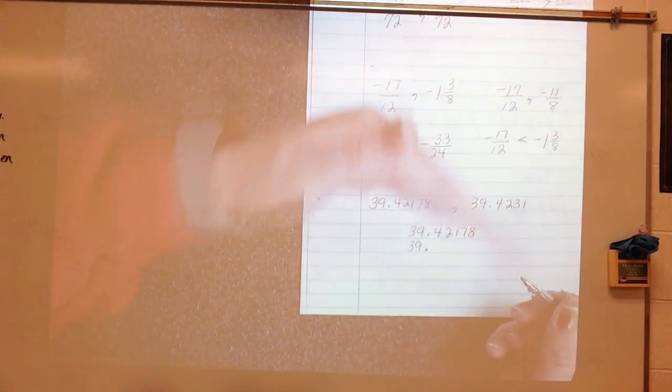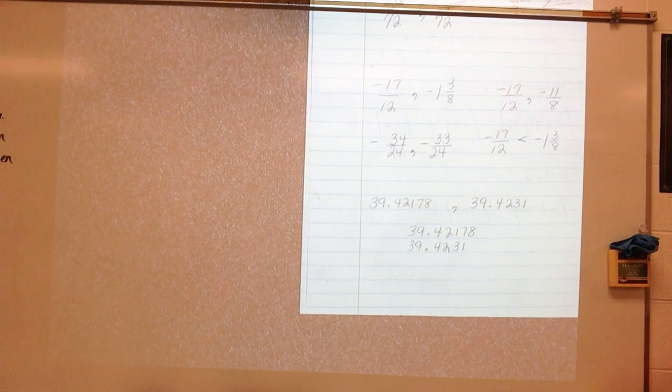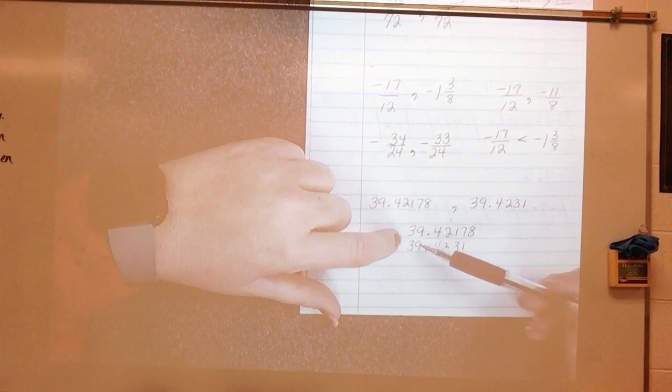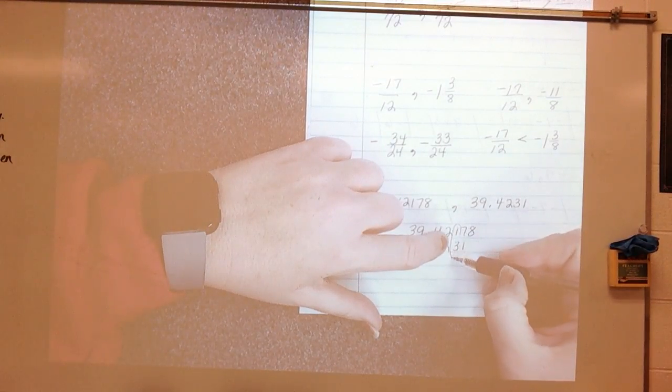And make sure your decimals line up, because that's the only way you're going to be able to compare them. And then I would start looking. Same, same, same, same. I do not change until here.